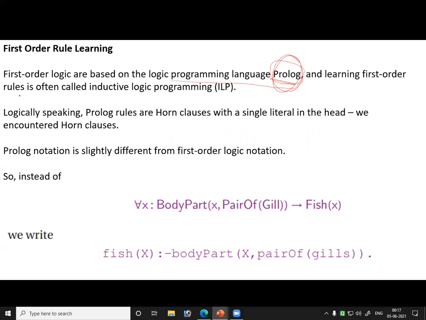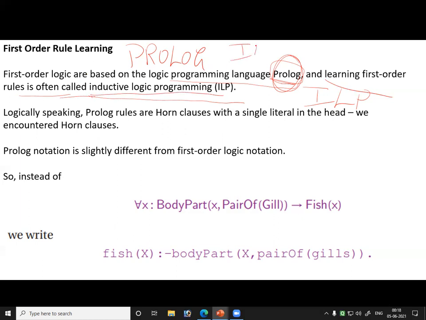Learning first order rules is often called inductive logic programming, ILP.